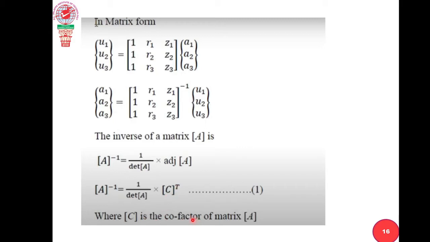Cofactor matrix, you heard it? This adjoint of matrix is equal to C transpose. Now I need to find C transpose. If you do C transpose, then that is nothing but the adjoint of the matrix.